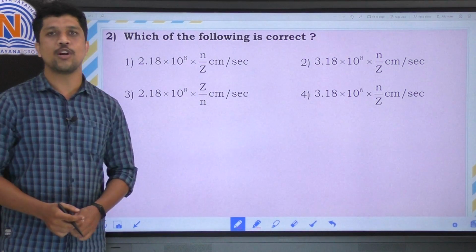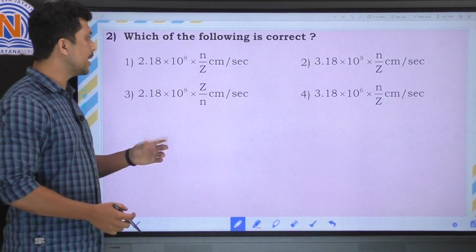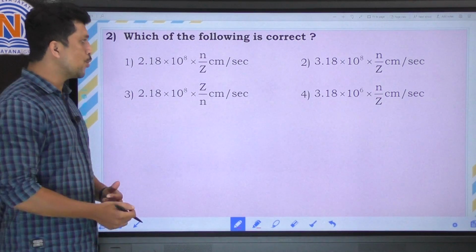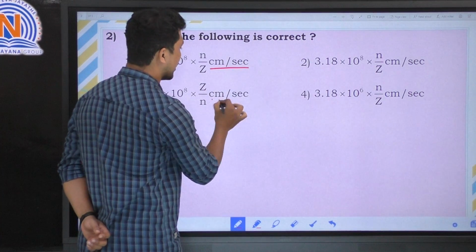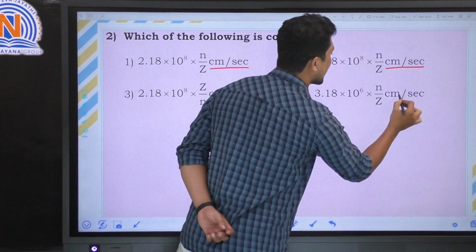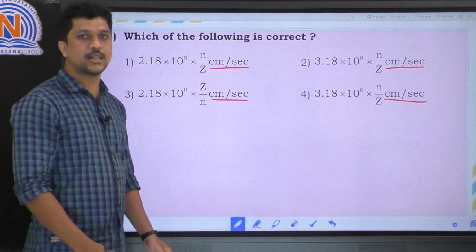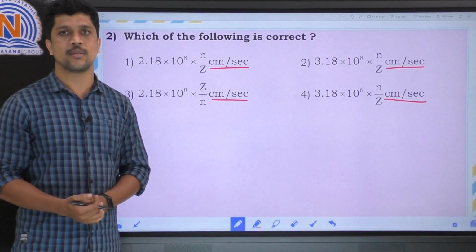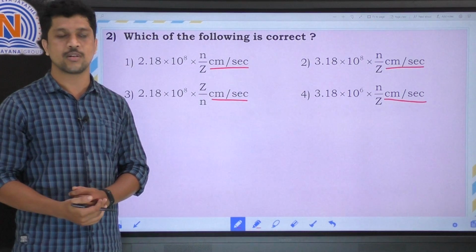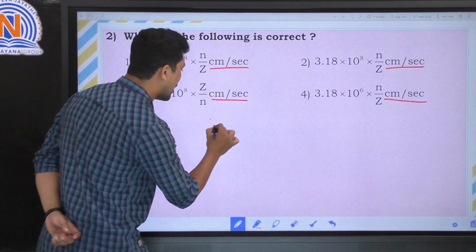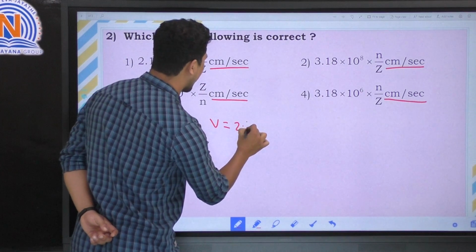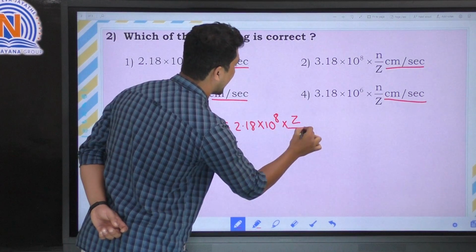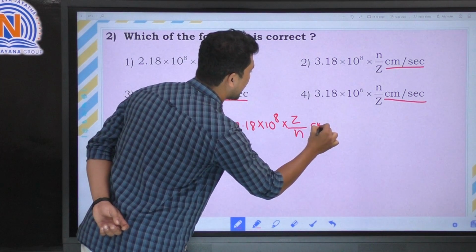Here the question, which of the following is correct? Here they have given 4 options. If you observe each and every option, the units are centimeter per second, right? So these units indicate the velocity. So here he is asking about the velocity of an electron. The formula for the velocity of an electron: v equal to 2.18 into 10 power 8 into Z by n centimeter per second.